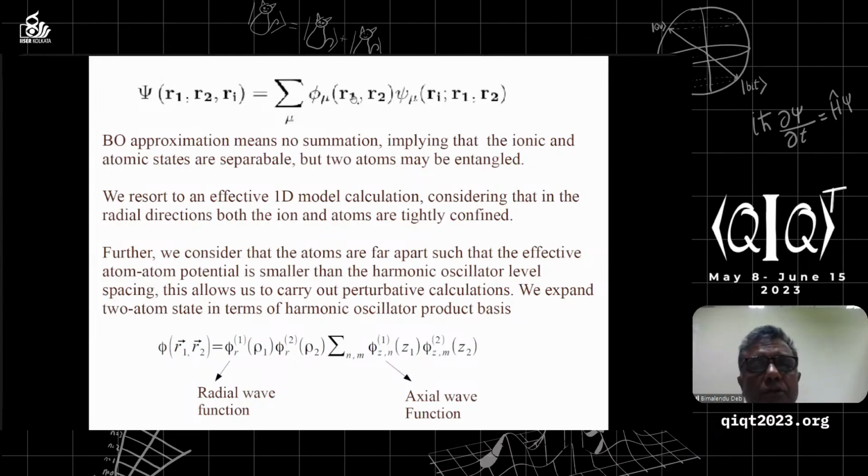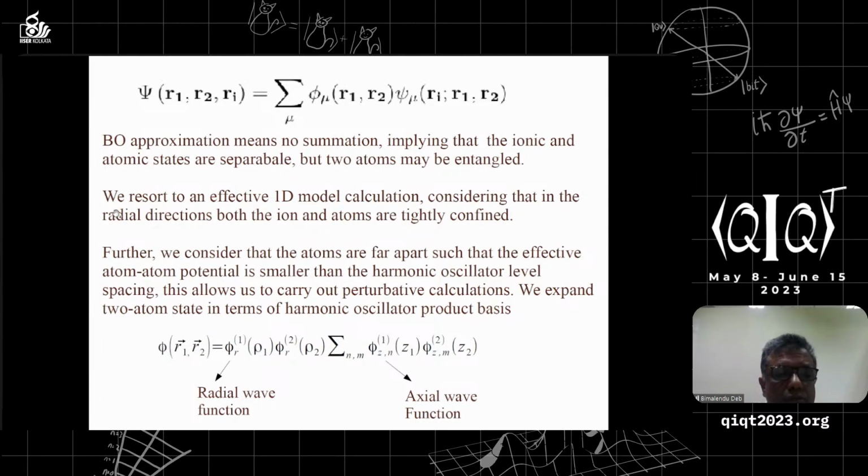If we consider these two to be separable, with no summation, then this is the Born-Oppenheimer approximation. It means that the ionic and atomic states are separable. But as I discussed, these two atoms may be entangled.